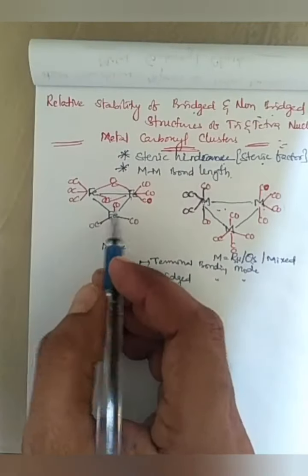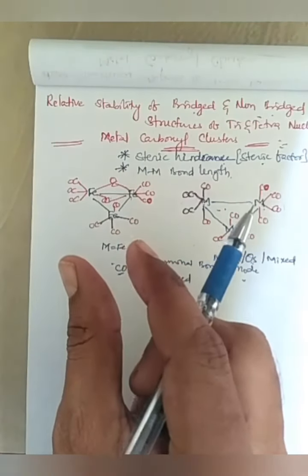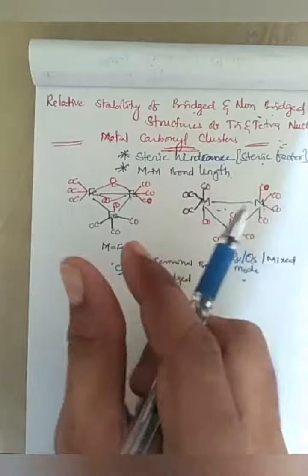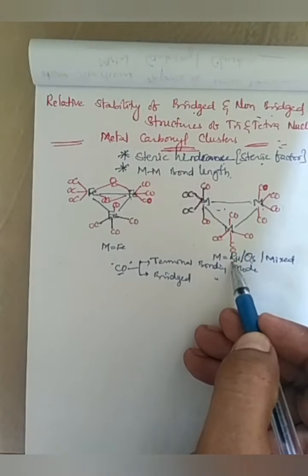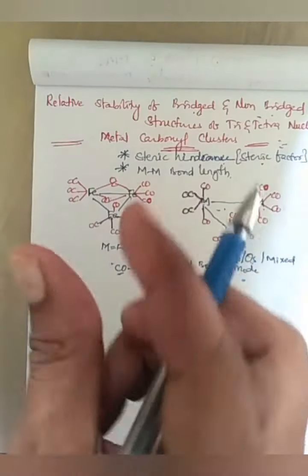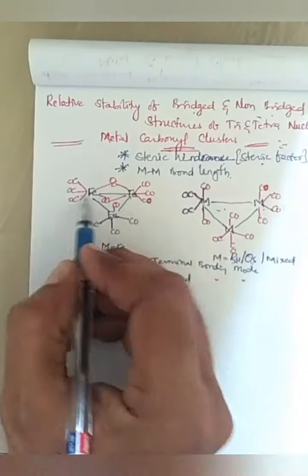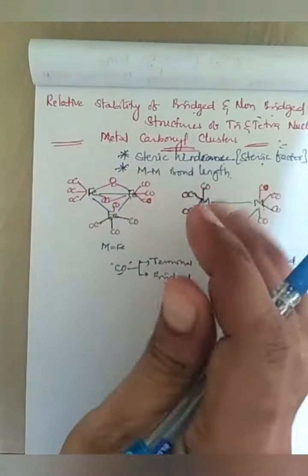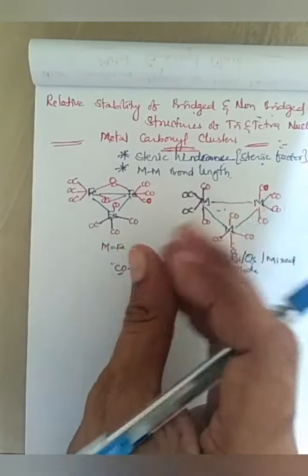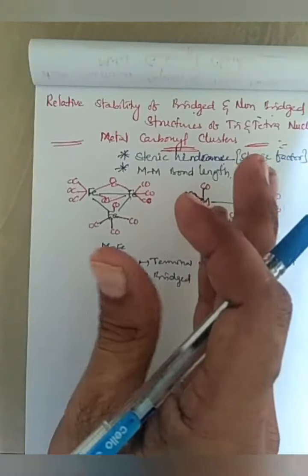When it comes to iron, it is a 3D metal atom. Its size is very small compared with ruthenium or osmium. When the size is very small, the groups cannot have any steric hindrance; in small groups, when they come close, there will not be any steric hindrance.